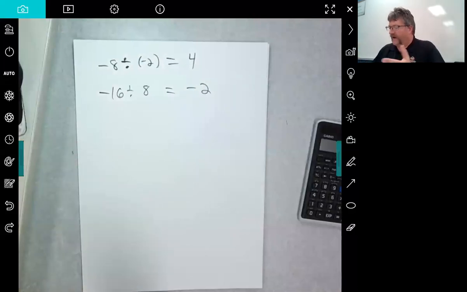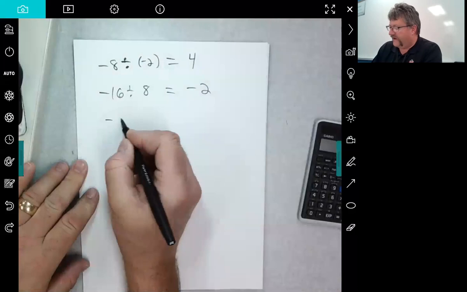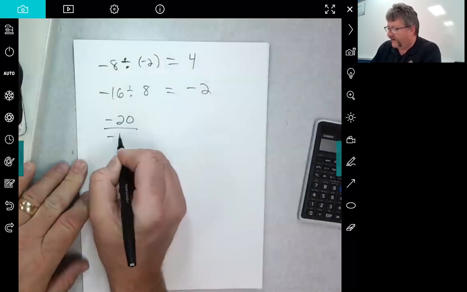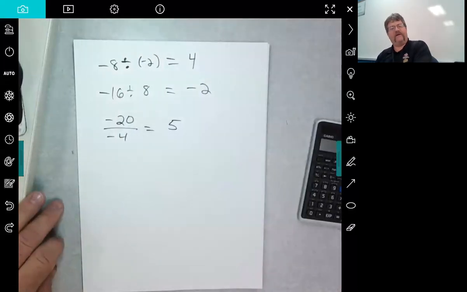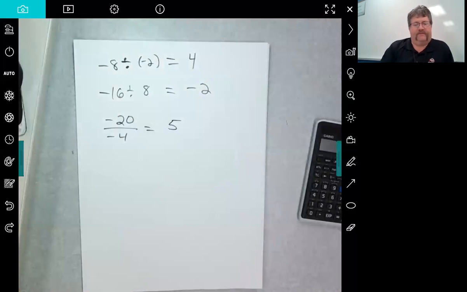Okay, a division problem can be written as the old classic division. It could be written as a fraction, right? I mean, -20 over -4 is going to be positive 5. When I have a fraction and it's a negative number, there's a choice on where that negative goes.